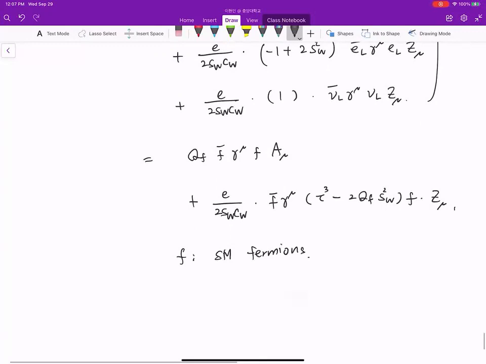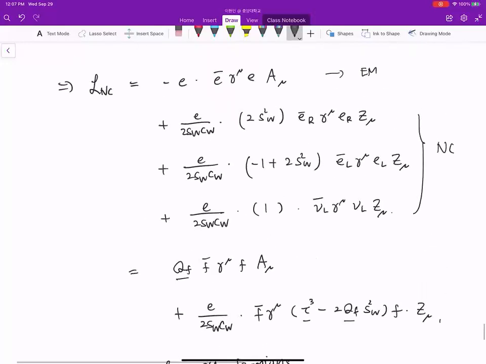The interaction term depends on this tau and the electromagnetic charge. So the electromagnetic charge for the electron, as you can see here, is -1, right? So maybe I need to put E.